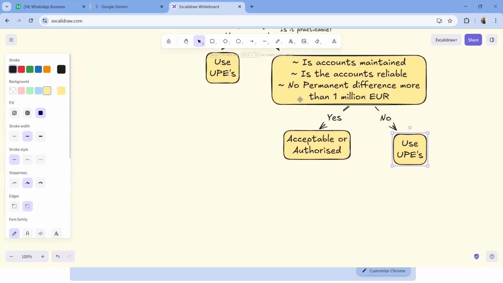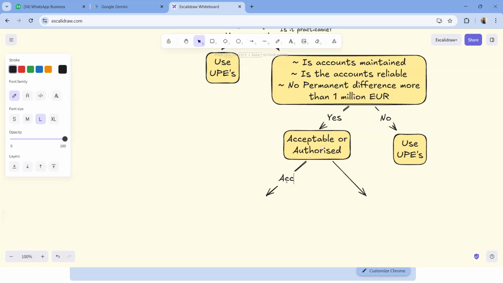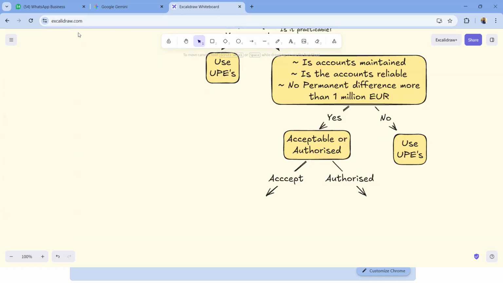Now, if it is acceptable, we'll do two lines here. If it is acceptable or authorized. Now, let's say this is acceptable and this is authorized. If it is acceptable, then what should you do?